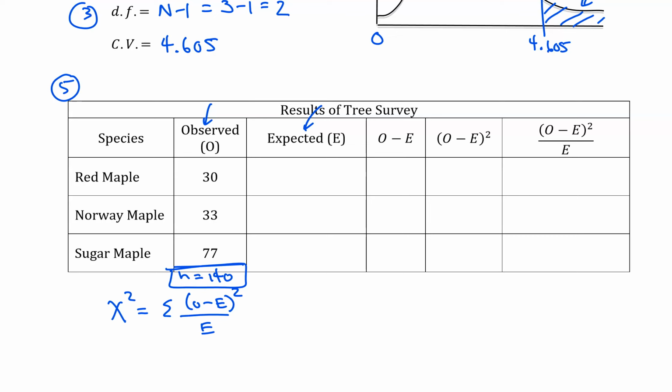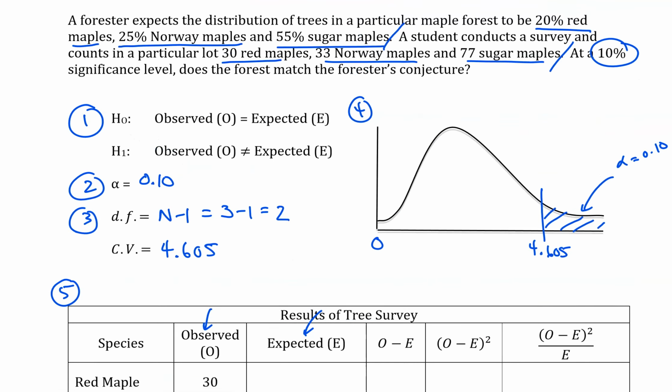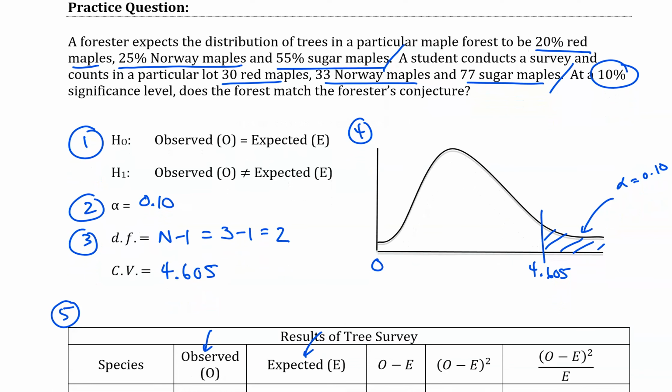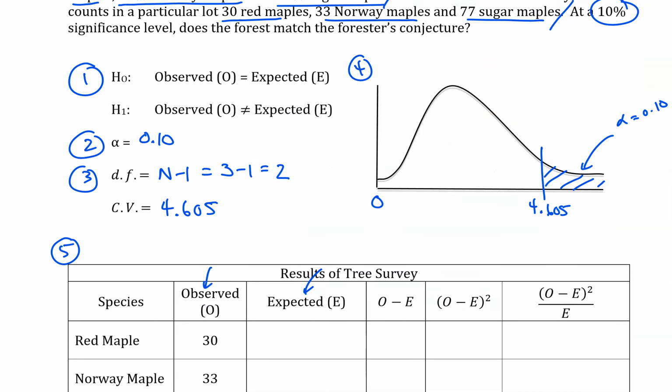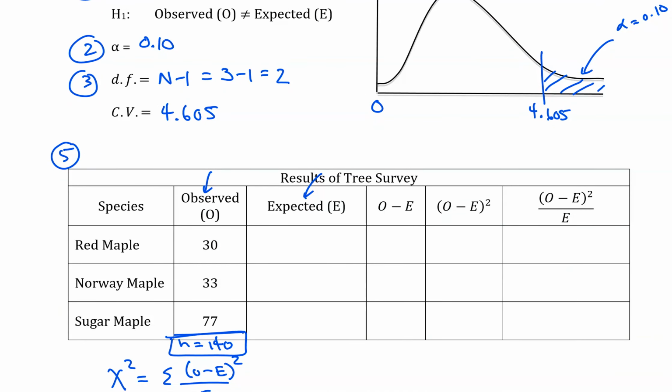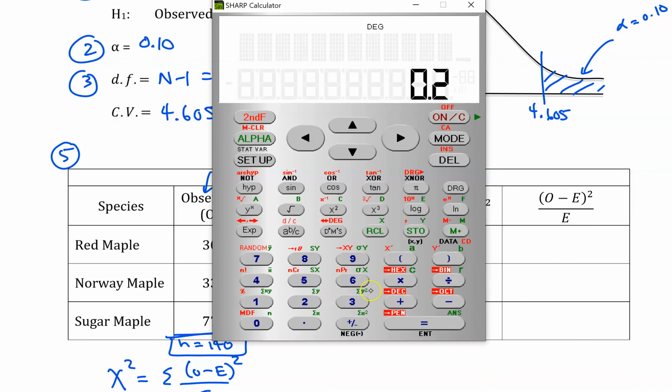And the expected is where things are a little bit tricky when you come up with your chi-squared expected column. This one in particular gave us proportions or percentages. So we thought that we should get around 20% red maples. So of the 140, we would expect 20% or 0.2 of the 140 to be red maple. So 0.2 times 140 gives me 28 trees there.